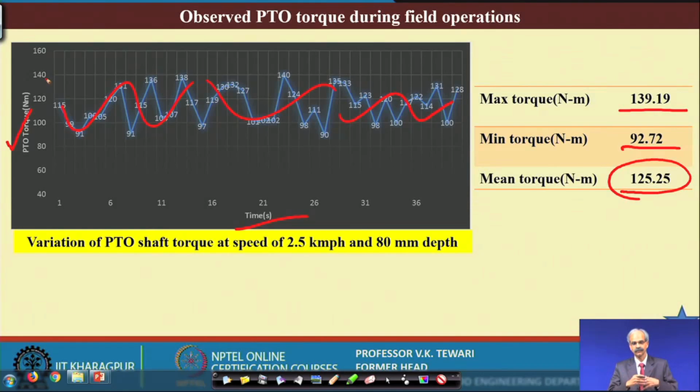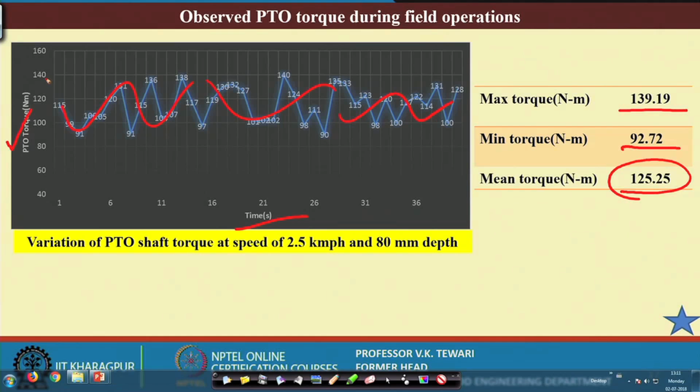Now, if you have a device by which you can compare, it is well and good, but we claim that this particular equipment is well in a position to be tested anywhere in the world, the way we have done for the tractor axle torque.